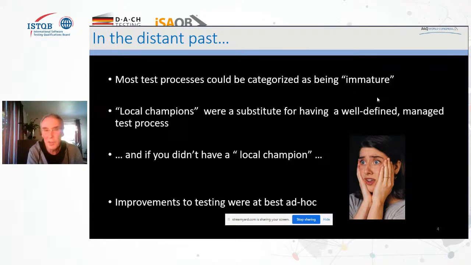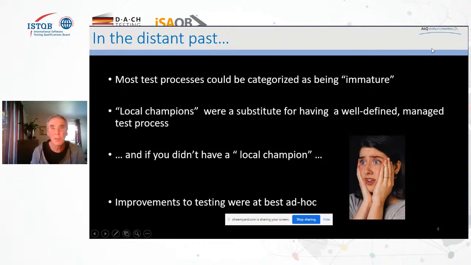The trouble is, if you didn't have the local champion, then you got back to a situation where your testing was at best going to be ad hoc, and your approach to test process improvement was going to be pretty much ad hoc, if not non-existent. It was a bad place to be.